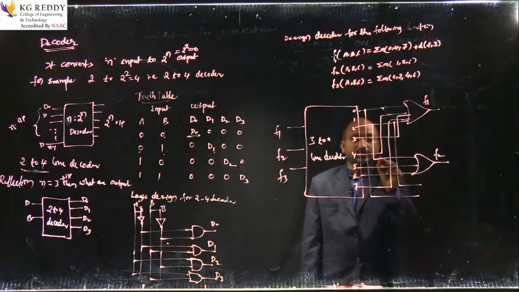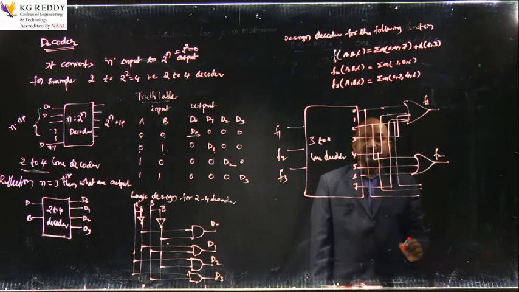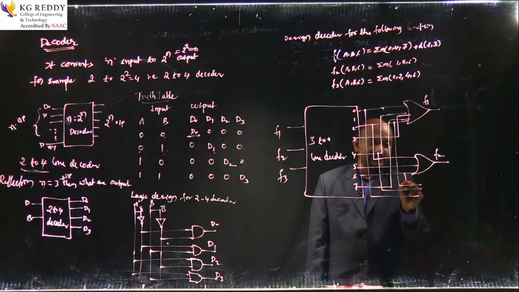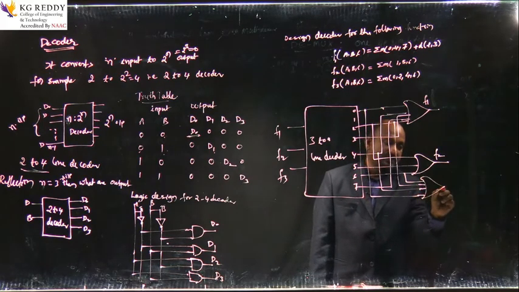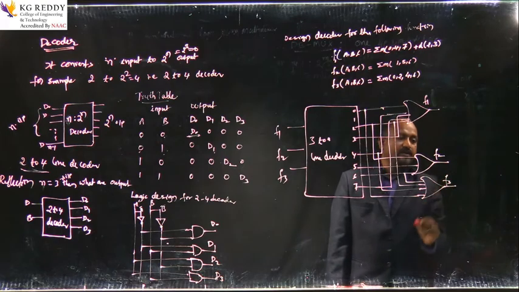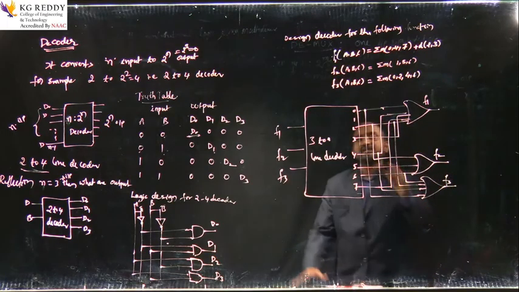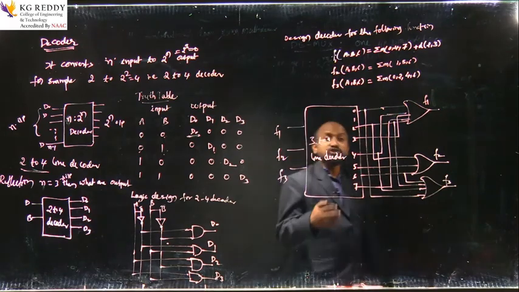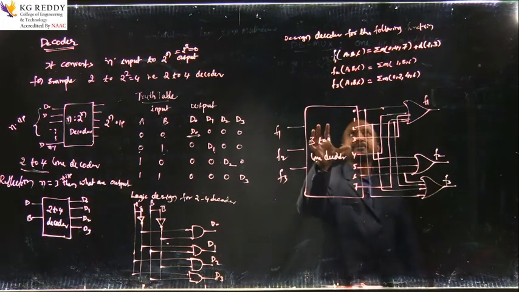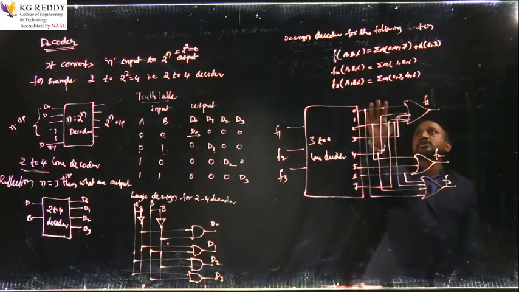Where is the 4? Last one is 6. Where is 6? This is the 6 here. So these are the F3 outputs. F3 is the output.